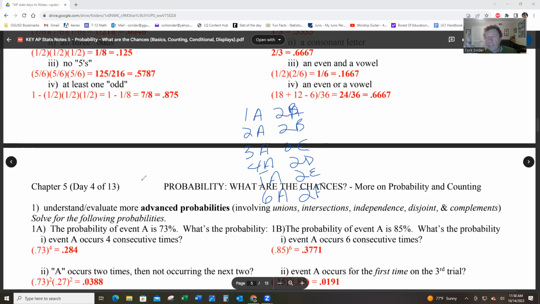I'm doing sample space on this, which I talked about in a previous lesson. If you don't know what to do, do sample space.